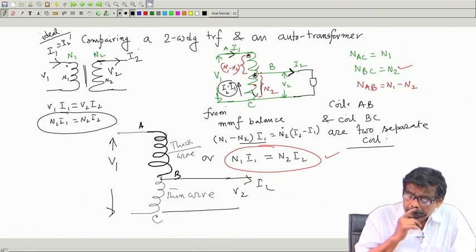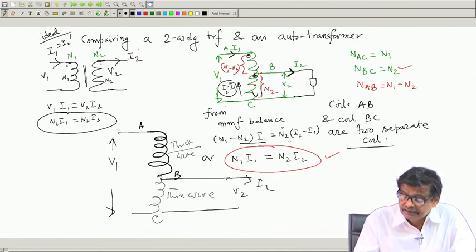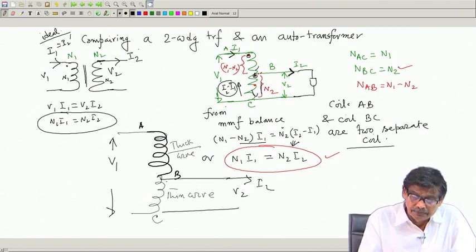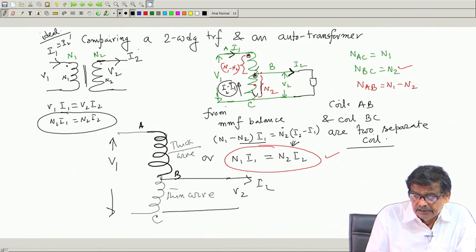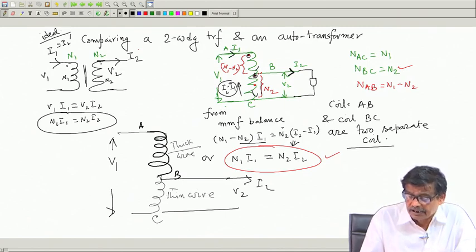From this it is interesting to note that we get N1 I1 equal to N2 I2. Then I argued, without doing any mathematics, that perhaps this current, the difference of these two currents I2 minus I1 going up, will be much less, and therefore a thinner coil can be used compared to its two winding counterpart, and you can save some copper. That is what I told.